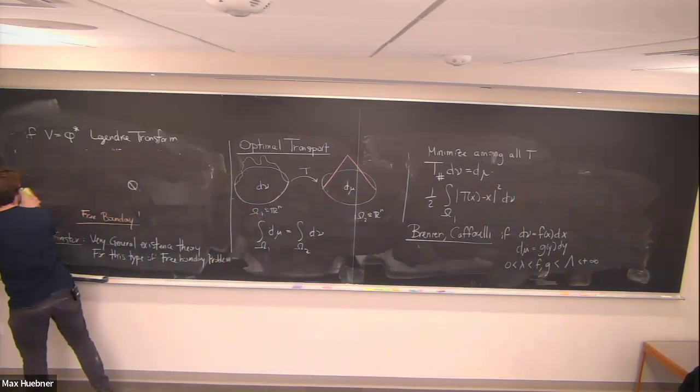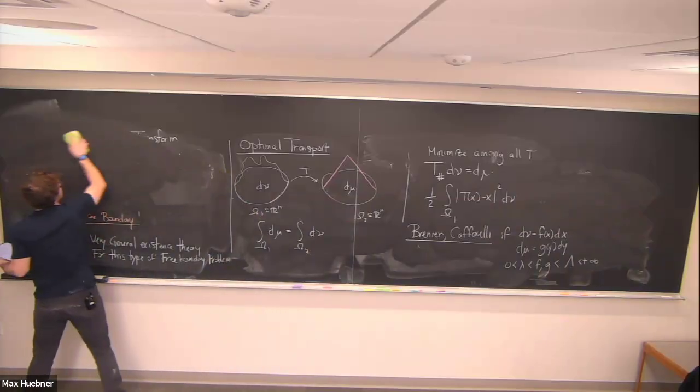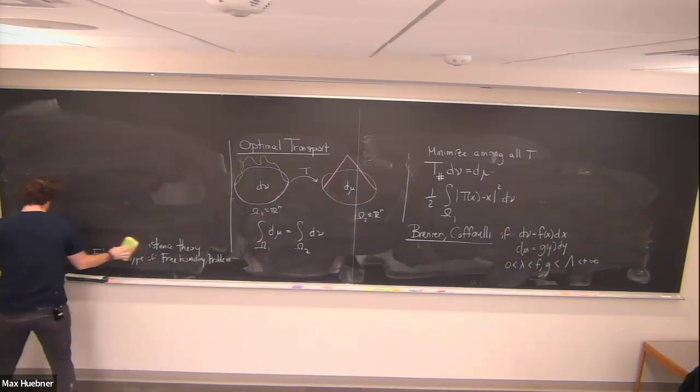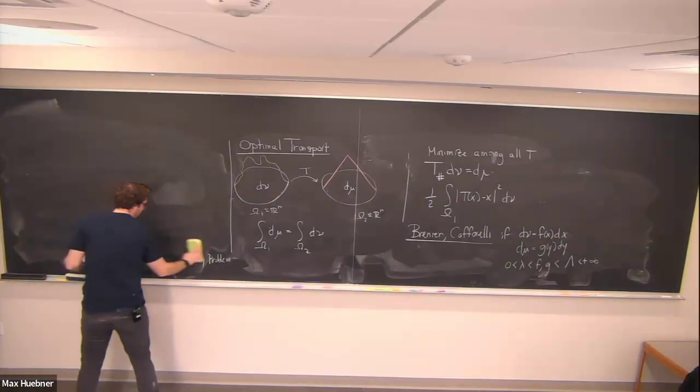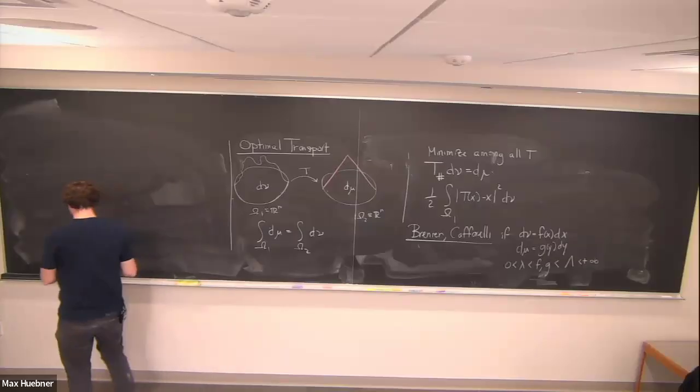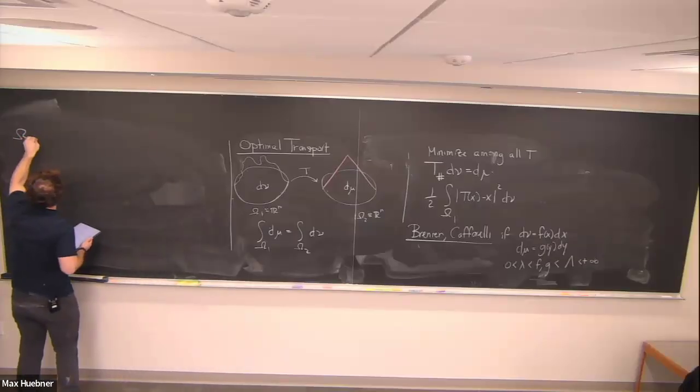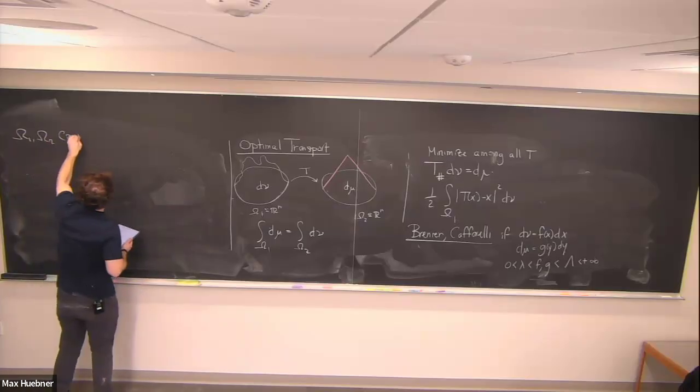Then this optimal transport map exists and is given by the gradient of a function. So omega 1 and omega 2 are convex domains.